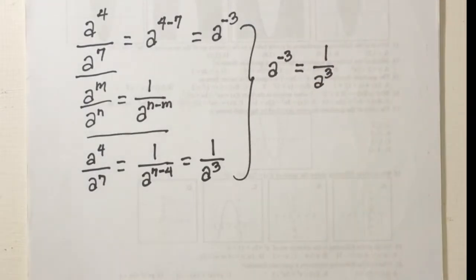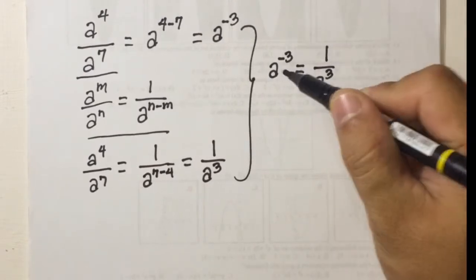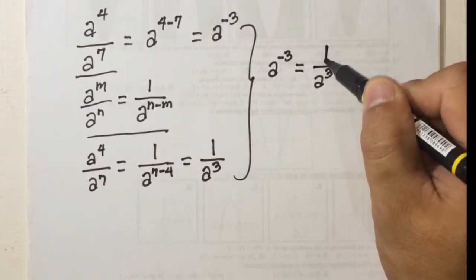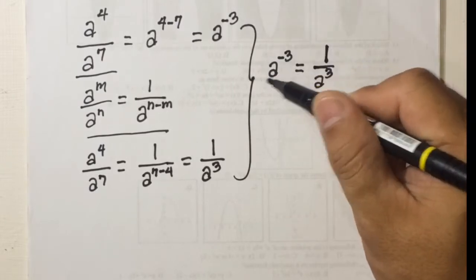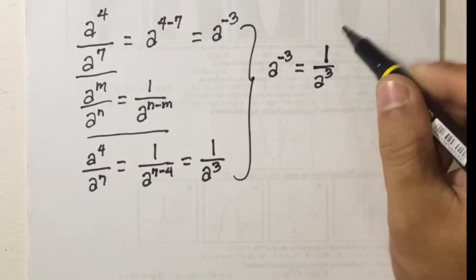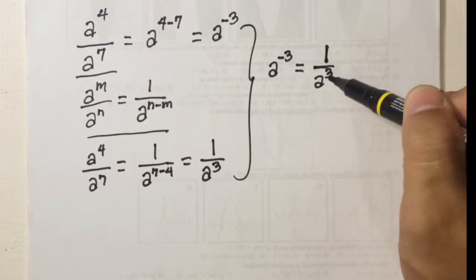So if we are going to have a negative exponent, to simplify that one, you will just write 1 as the numerator and put that expression with the negative exponent in the denominator and changing the negative sign to positive sign. So a to the power of negative 3, our numerator is 1 over, you're going to put this one in the denominator, changing negative 3 to positive 3.